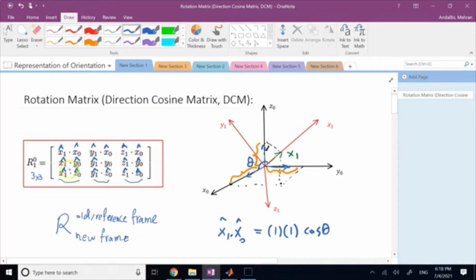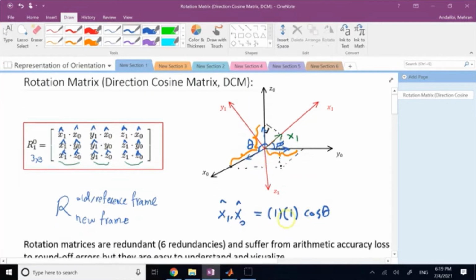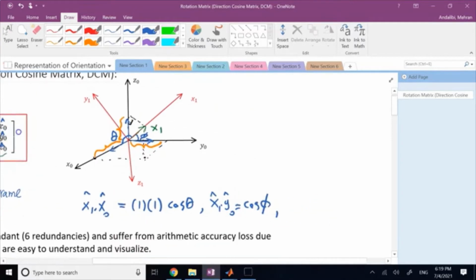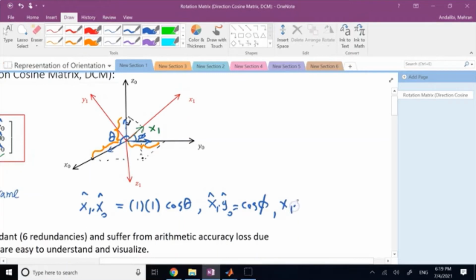Or the second one is the cosine of the angle between x1 and y naught, which is like the cosine of this angle. Right? So for example, if you call this angle phi, then the next one here, x1 dot y naught, is going to be cosine of phi, and then for example, x1 dot z naught is going to be cosine of psi, where psi is, let's say, this angle here.